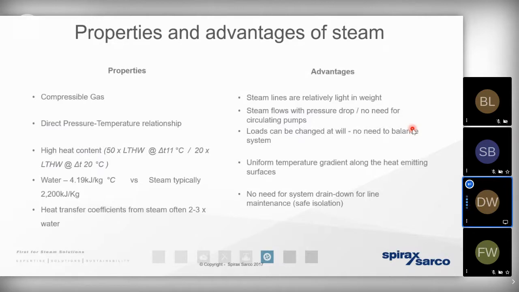If we compare a steam system to a low temperature hot water or thermal oil system, we need to pump hot water. We need to pump thermal oils. So there is a significant cost involved with the capital expense of the pump, the installation, the maintenance, and the energy required to move the heat from the point of generation to the point of use. None of that is required with a steam-based distribution network.